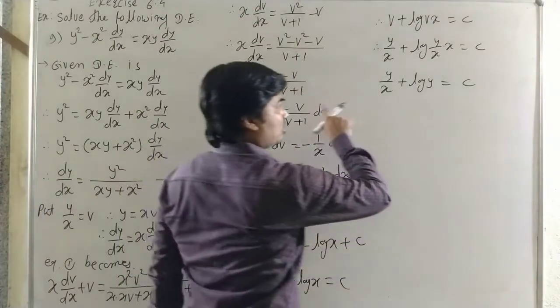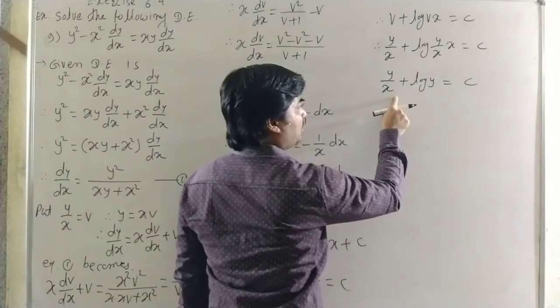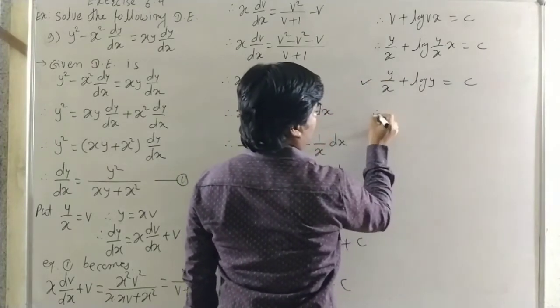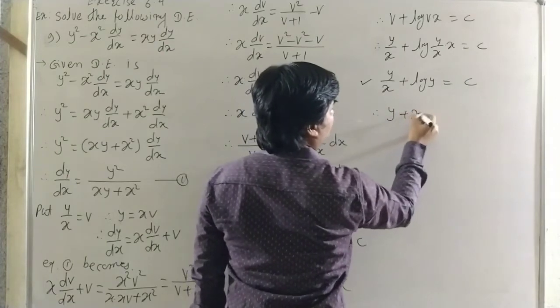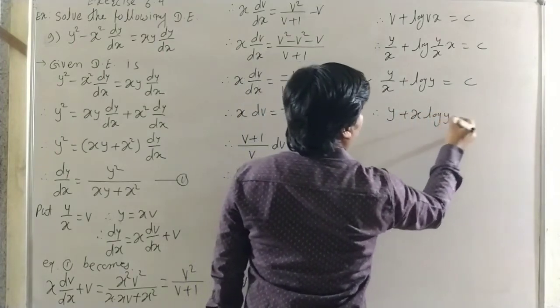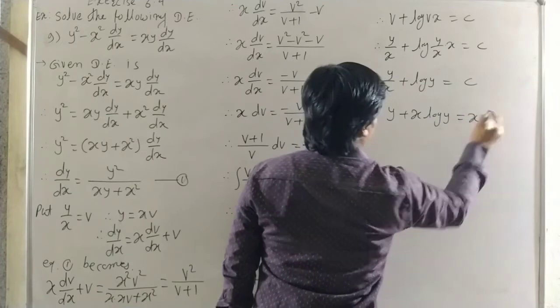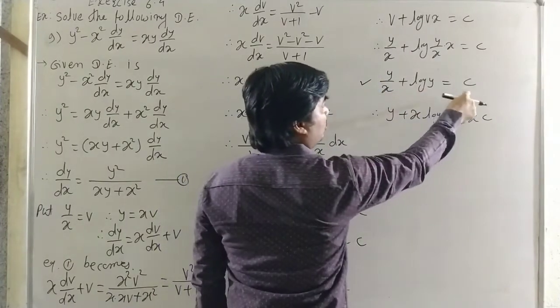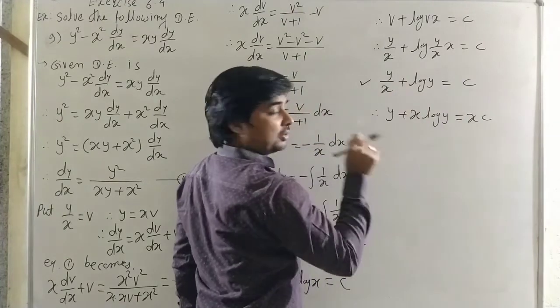Okay, here it is a solution of the differential equation. It is sufficient, but we can also write it in the form of multiplying by x. Therefore y plus x into log y is equal to x into c.